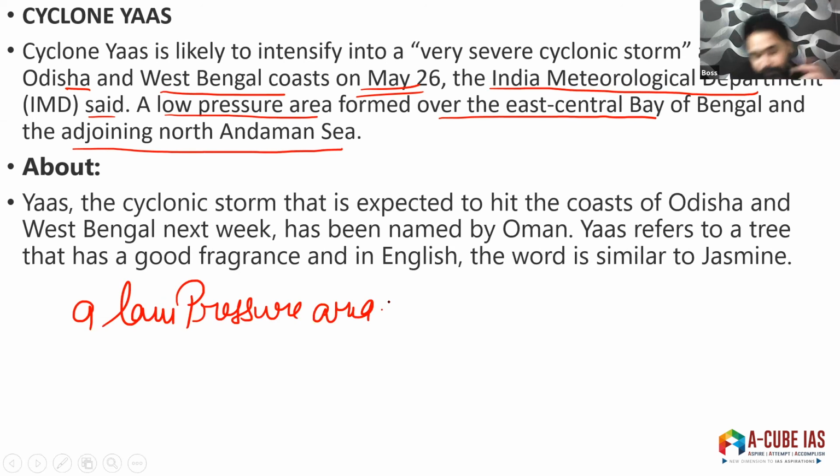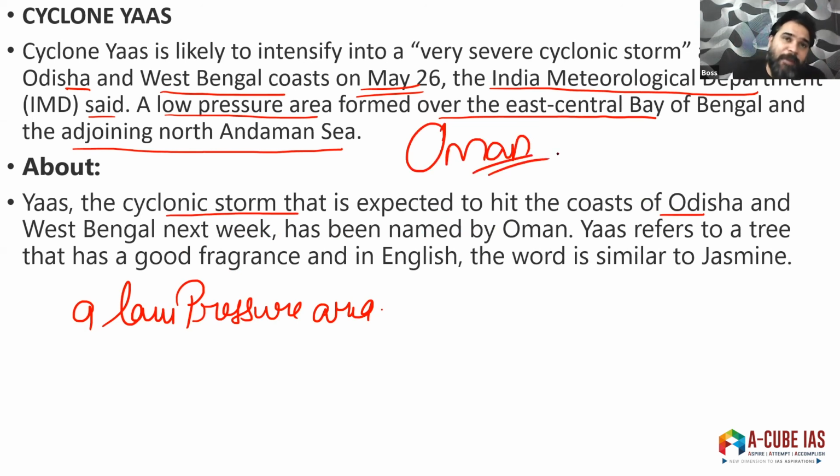Yes, about the cyclone. The cyclonic storm that is expected to hit the coast of Odisha and Bengal next week has been named by Oman. Now, Tauktae was named by whom? Tauktae was named by Myanmar in Burmese language. Now, this Yaas has been named by Oman.